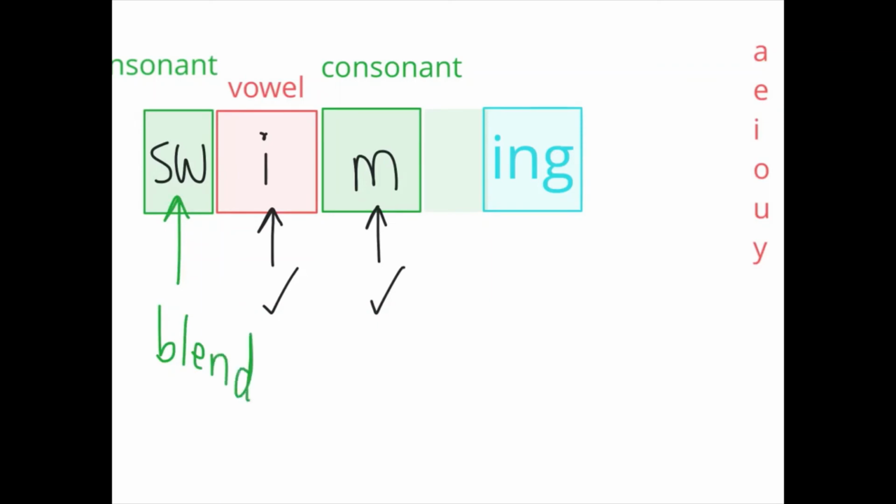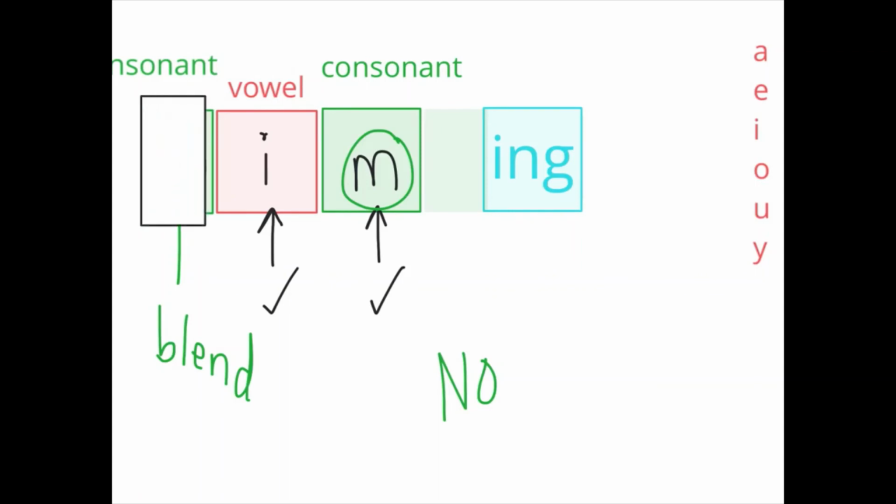Does that mean that we will not double this final M? The answer is no. It does not mean that. We do not care about what is at the beginning of the word. We're only looking at the vowel box and the consonant at the end.